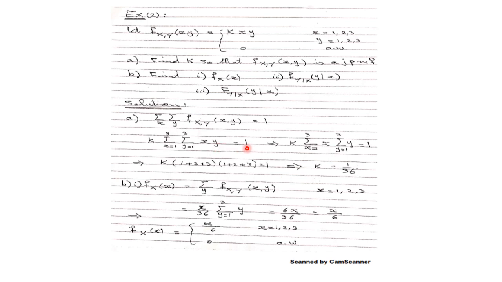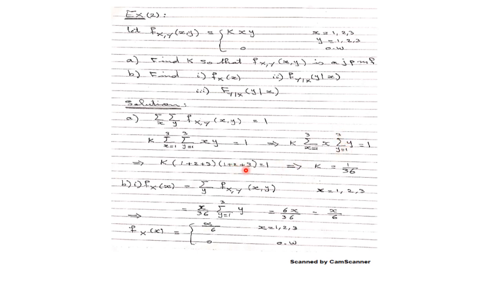1, right? Now here in these summations, x is constant with respect to the summation over y. So take this x outside here. So it becomes summation x, summation y equals 1. And then expand each summation. This summation will give you what? 1 plus 2 plus 3. And this one, when you expand it from 1 to 3, 1 plus 2 plus 3.